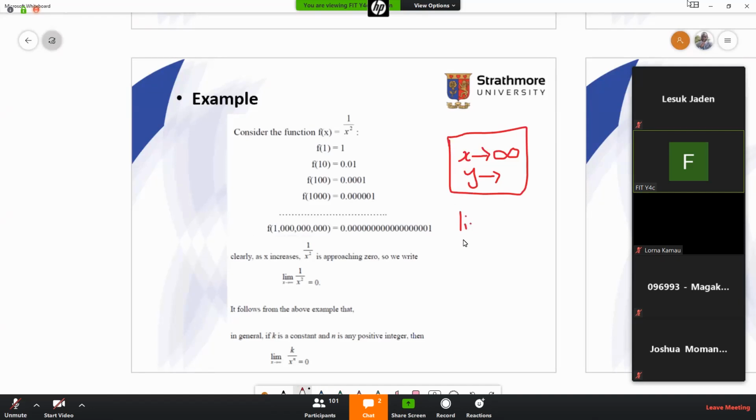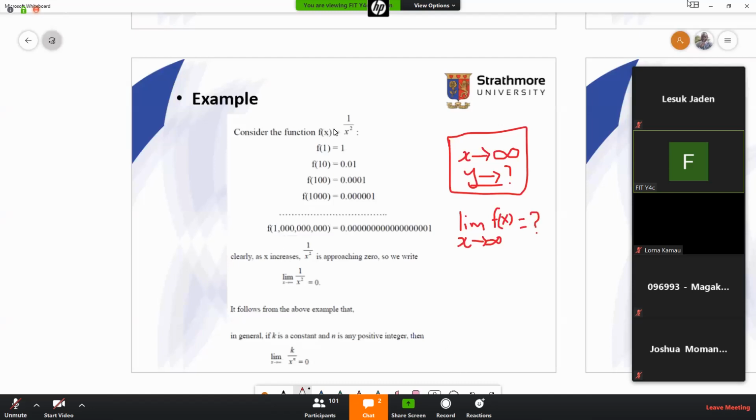You already know this. x approaches infinity of function f(x). f(x) is what I'm using as y here. And then this is going now to be here.